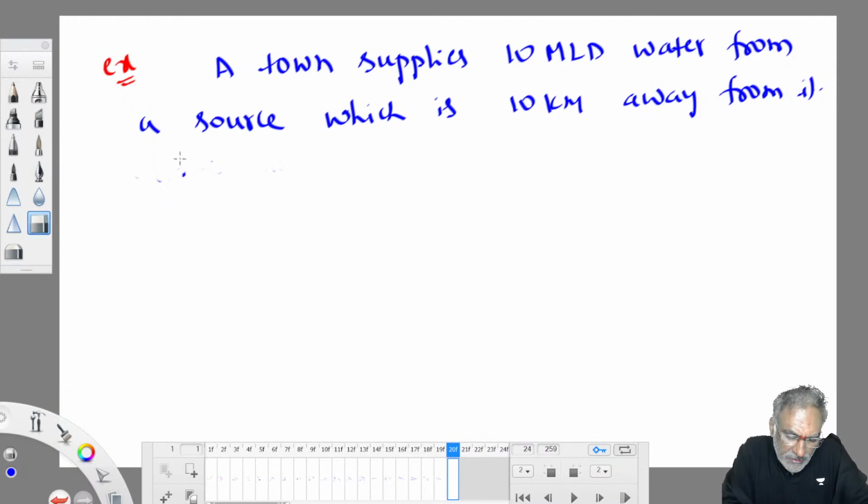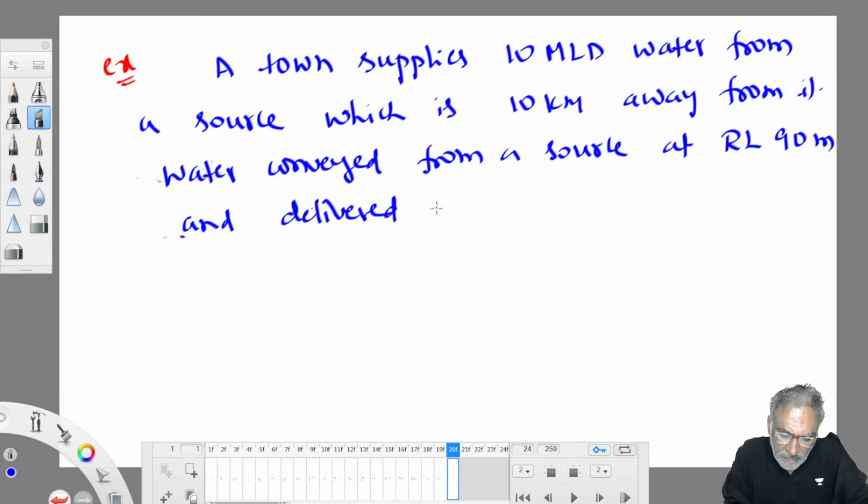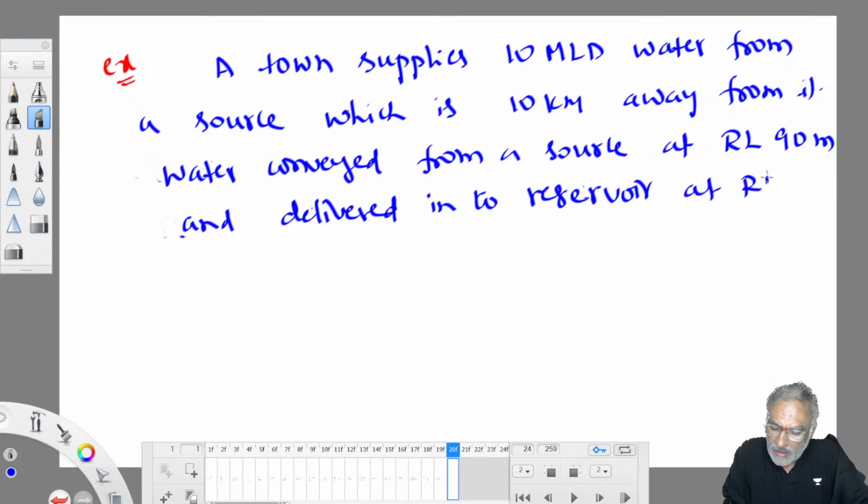Water is to be conveyed from a source at RL 90 meters and delivered at a reservoir at RL 100 meters.